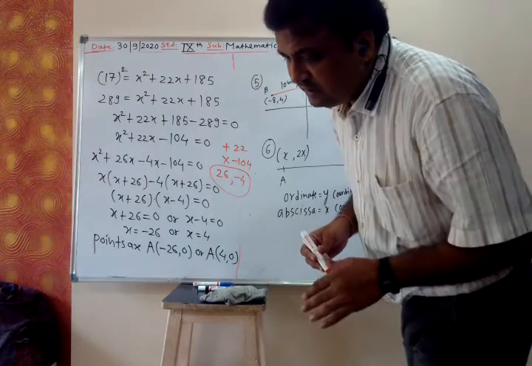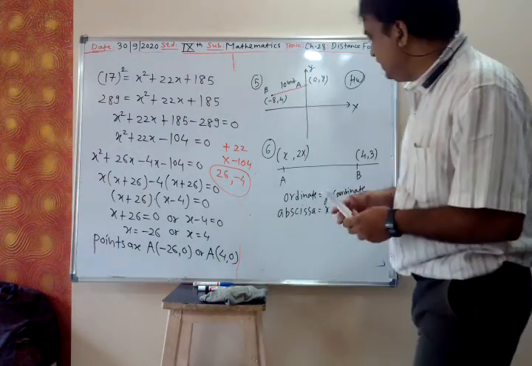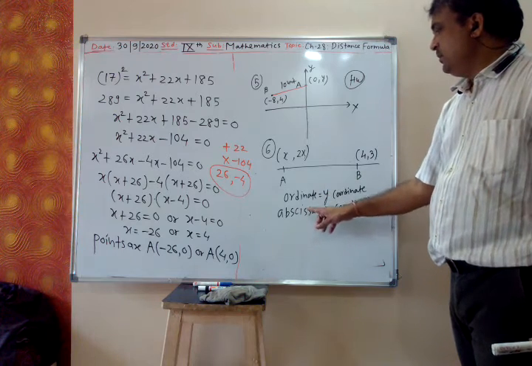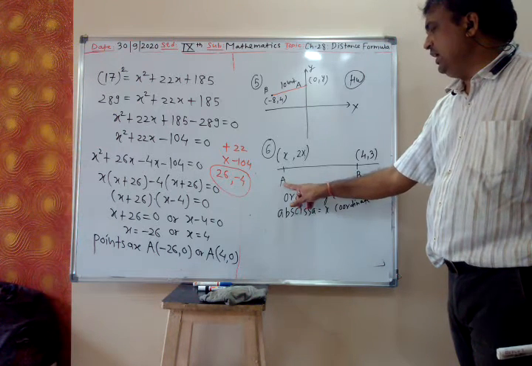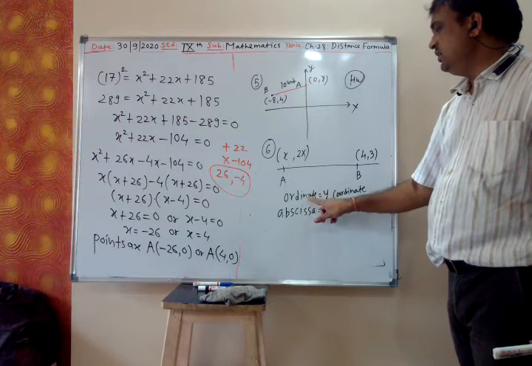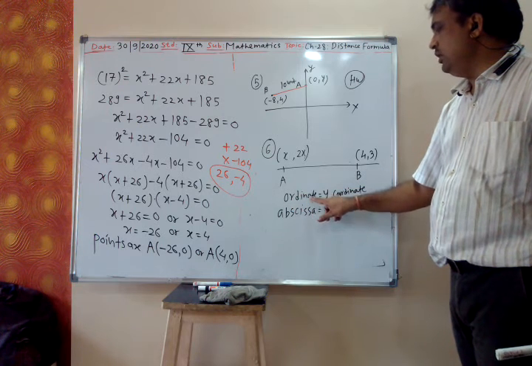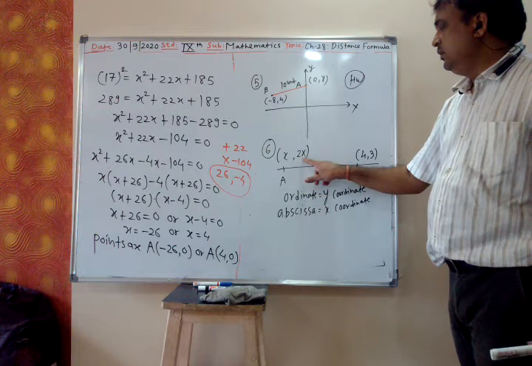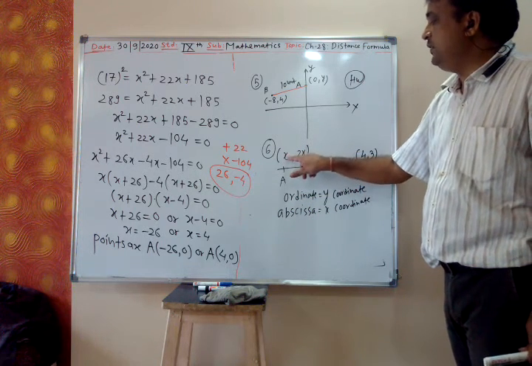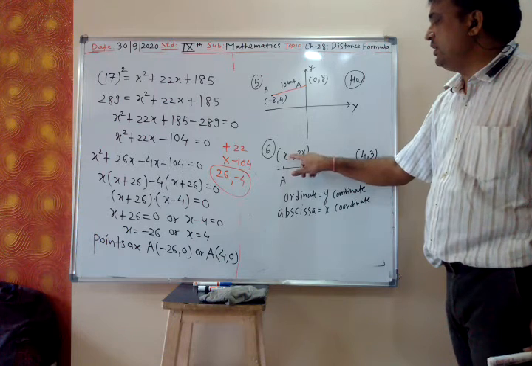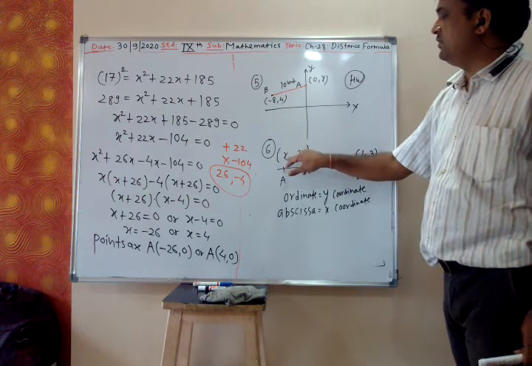See the condition given: the point A has ordinate, ordinate means y coordinate, twice its abscissa. Abscissa means x coordinate. Y coordinate is double of the x coordinate.